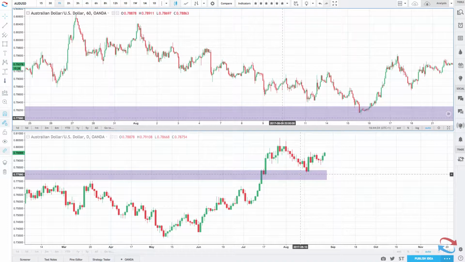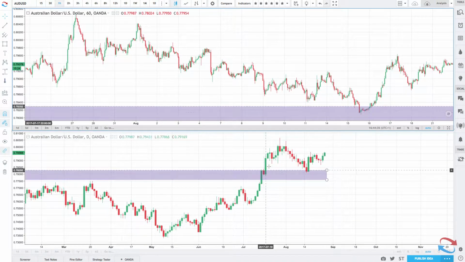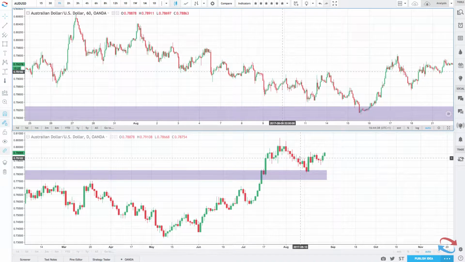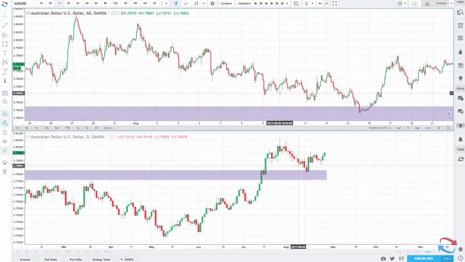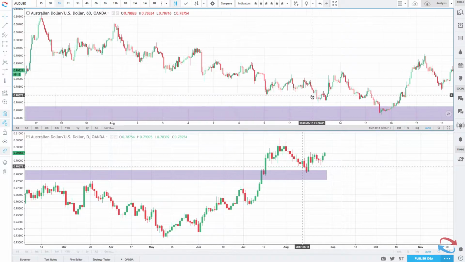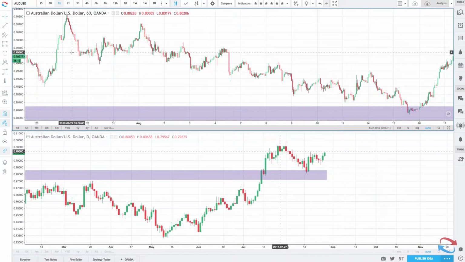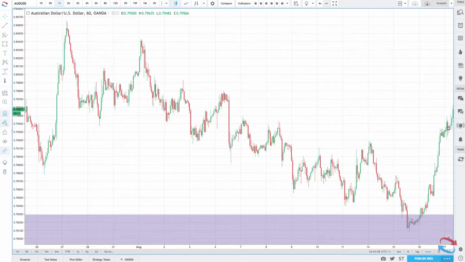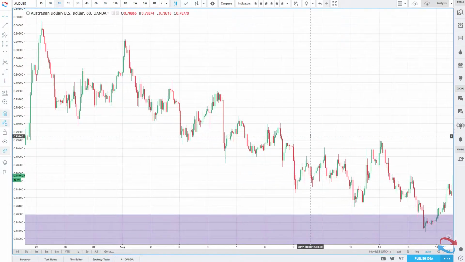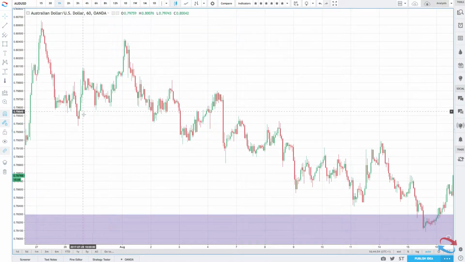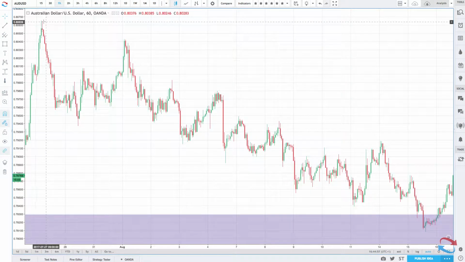Another way that traders will use the multi-time frame analysis is to tell them what way the trend is going. So if we look at the hourly chart, right, actually let's zoom in. So if we look at this, traders would have probably been looking at the market making lower highs and lower lows.